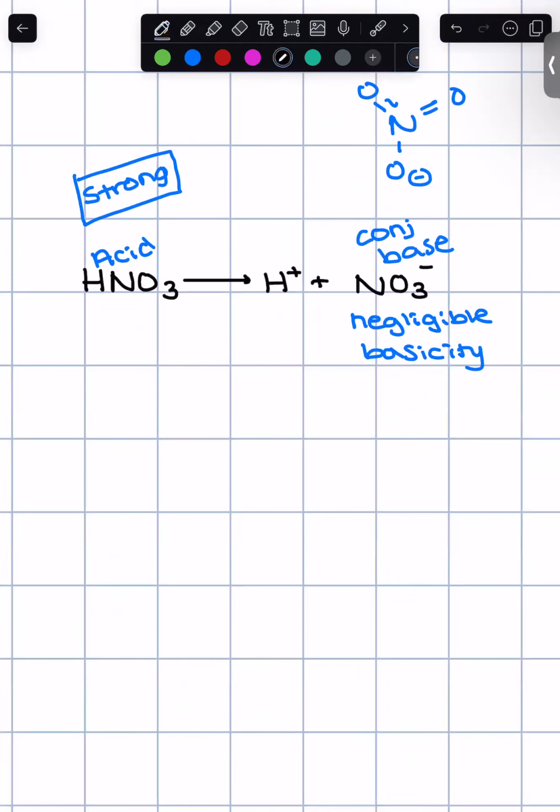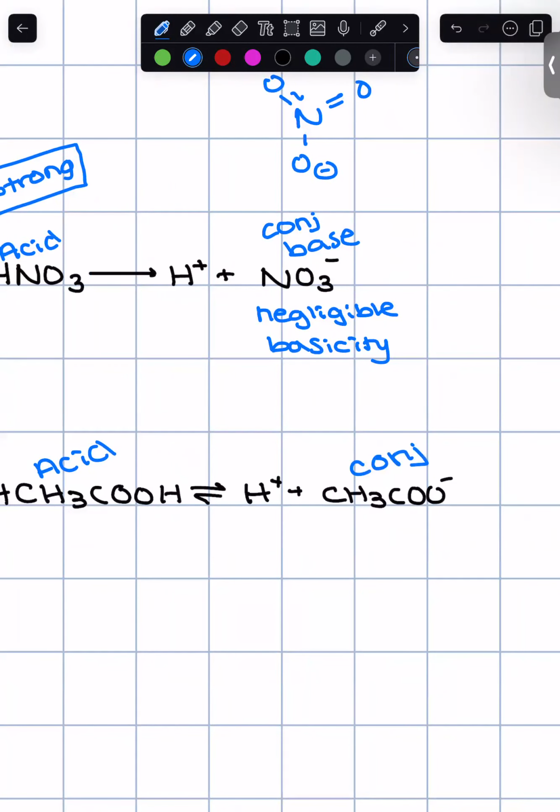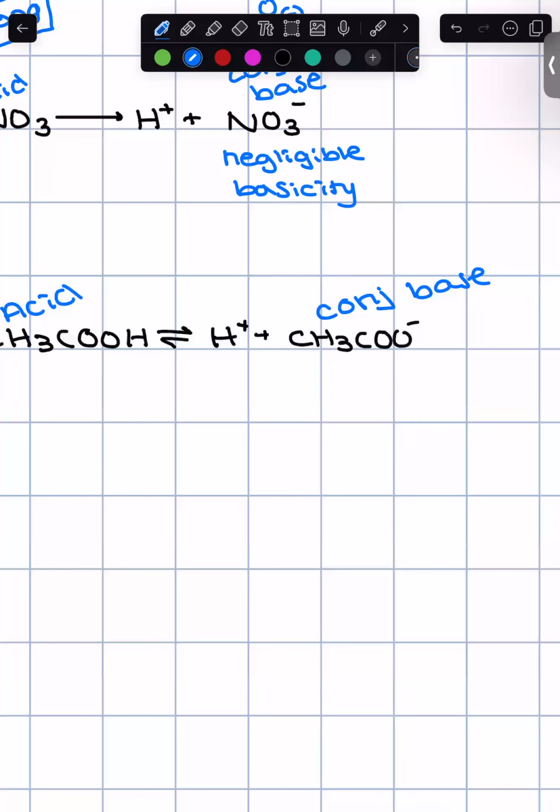So let's take a weak acid. I like acetic acid, and we're going to produce hydrogen ions and acetate. So this is our acid, and this is our conjugate base. This conjugate base will act like a base.